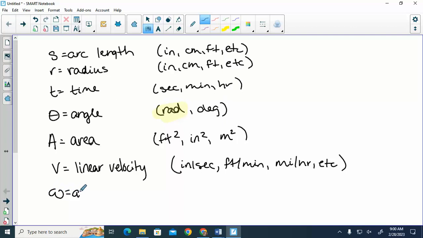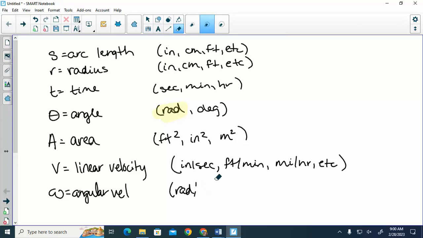Omega is angular velocity, and it will be radians per some unit of time, so like radians per second, or radians per hour, or something like that.